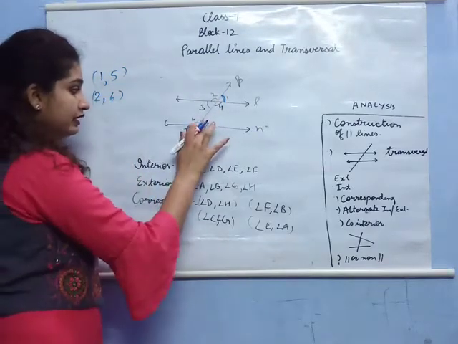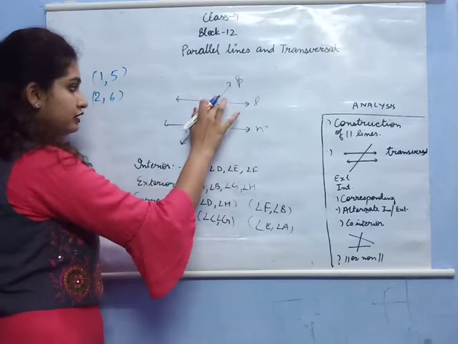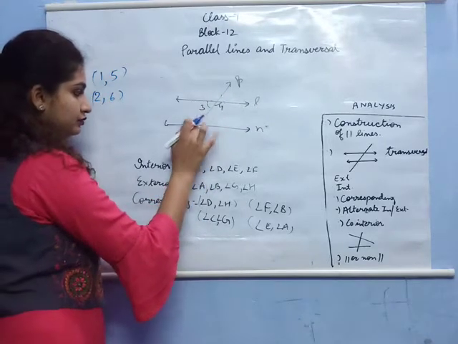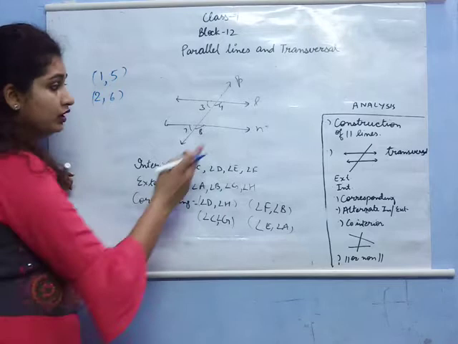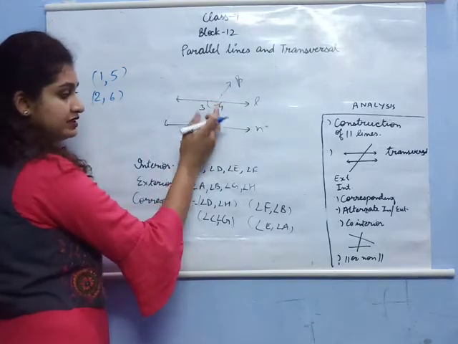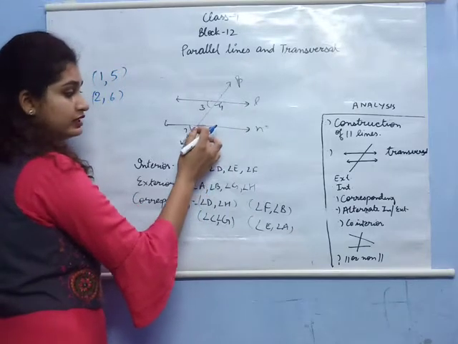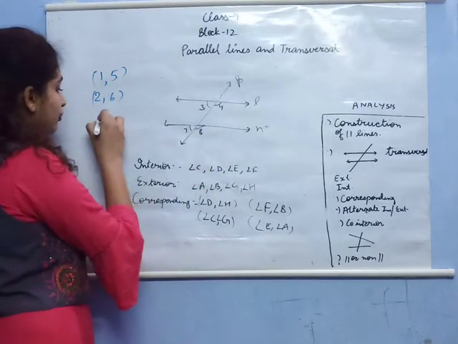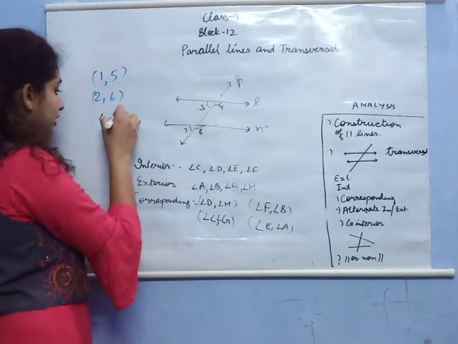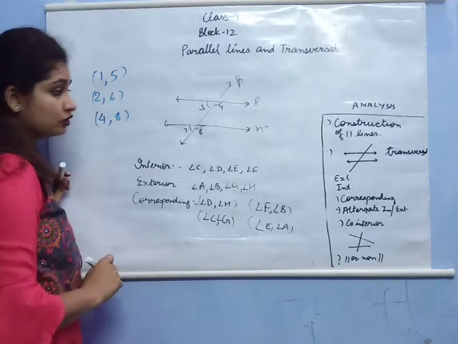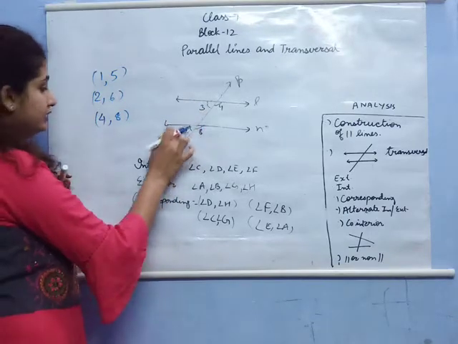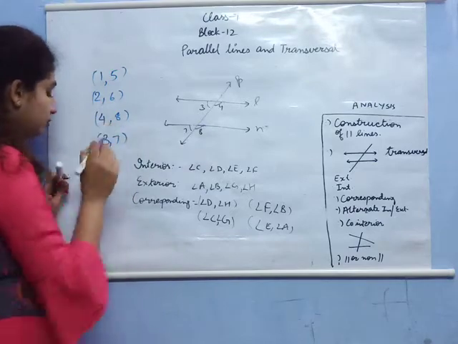Right? Let me erase these so that it will be easier for you to understand the others. Now, see the same side of the transversal. 4 is here and 8 is below the line. So angle 4 and 8 are again corresponding angles. Similarly angle 3 and 7 are corresponding angles.